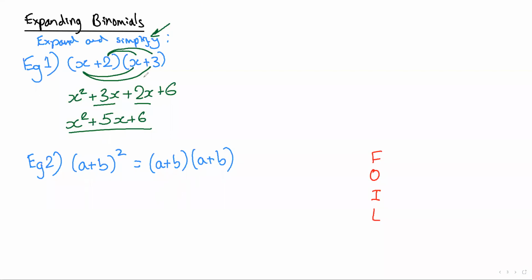And now if this top method is a bit confusing, you can use this more guided method called FOIL. And FOIL basically stands for firsts, outers, inners, lasts. And I'll show you what that means. So the firsts mean the first term in each of the brackets.